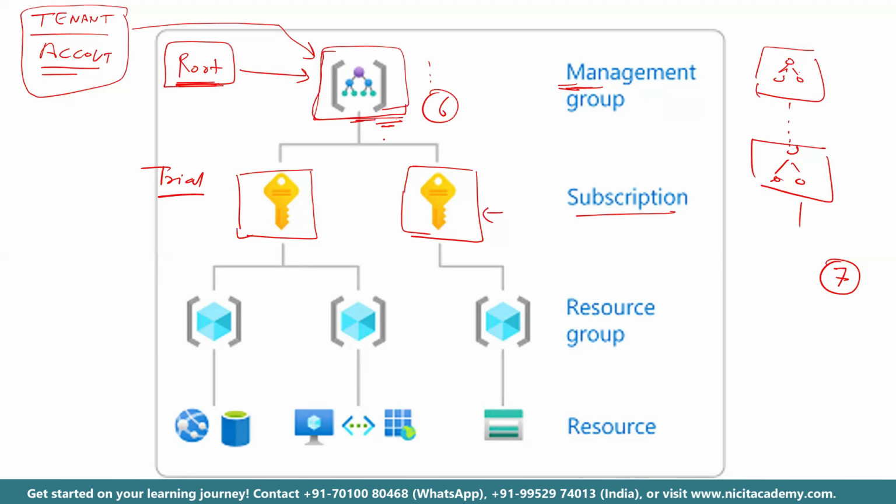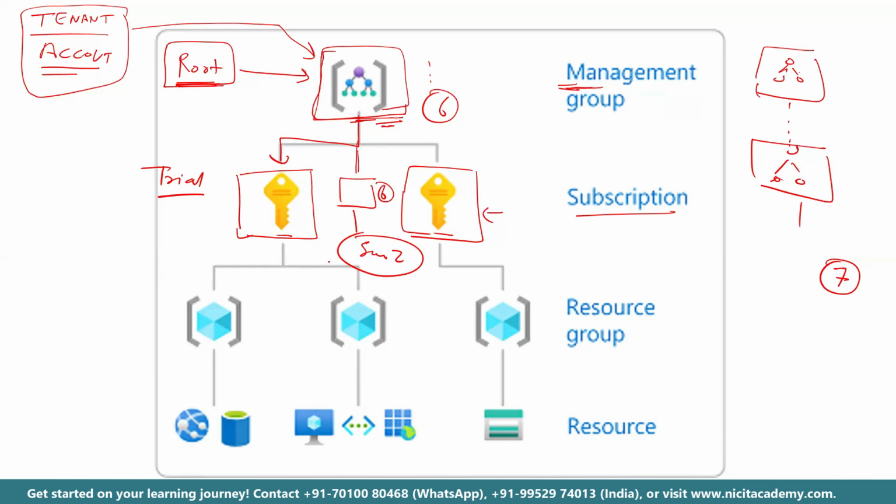After that, under these, you can have subscriptions. A subscription can be directly under the management group, or it can be under another management group. So subscription two, for example, can be at another level, up to 6 levels we can create.